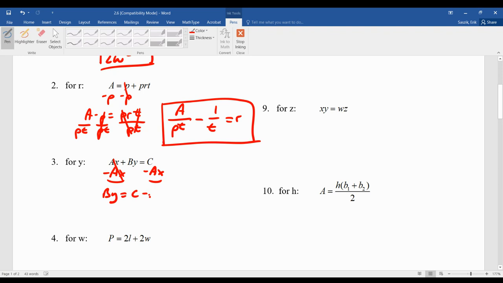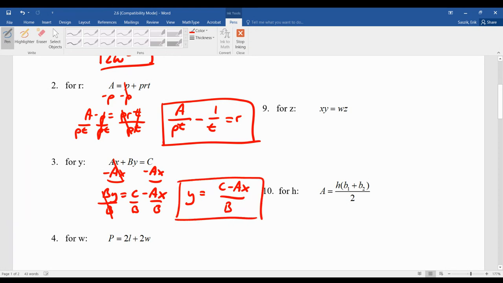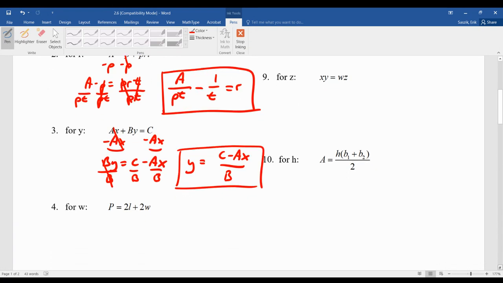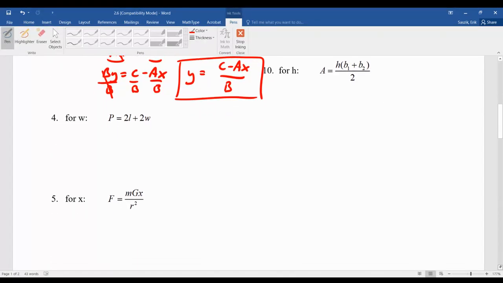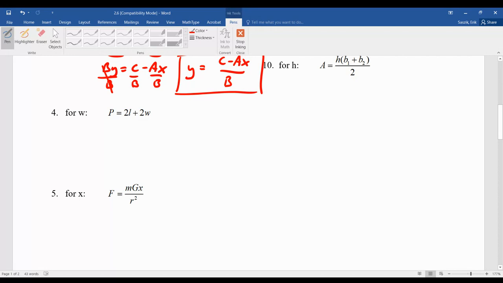By equals what? C minus AX. Now what happens here? We have to divide by B. You notice how nothing simplifies here? If nothing simplifies, we can just write C minus AX all over B. That's an L, by the way.